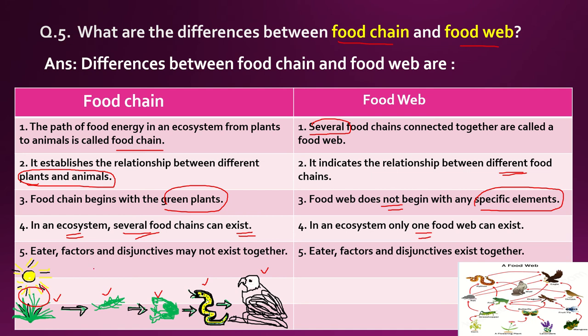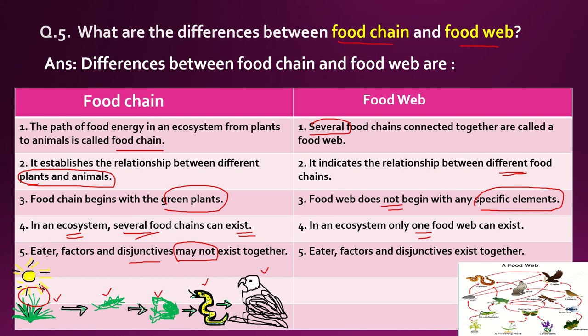Either factors and disjunctives may not exist together. So here is a "may not". You need to see what's the negative thing and what's the positive thing. This is the difference between a food chain and a food web.